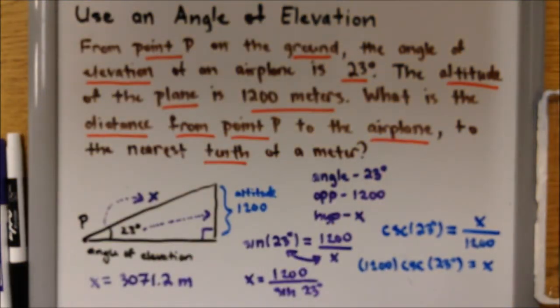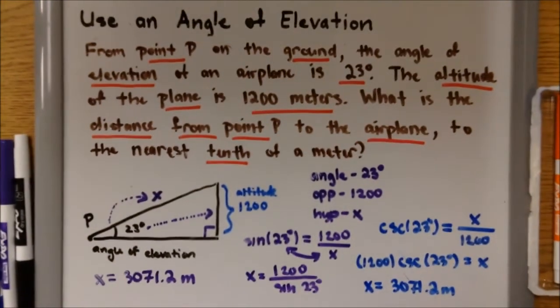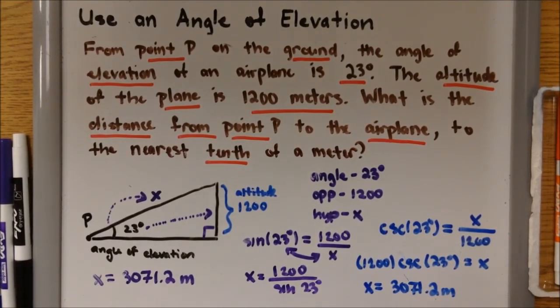So x equals 3071.2 meters. Looking at that, whether I use cosecant or sine, I still get the same value for x. Using the sine function I got this value, and using the cosecant I got this value, which is the same.